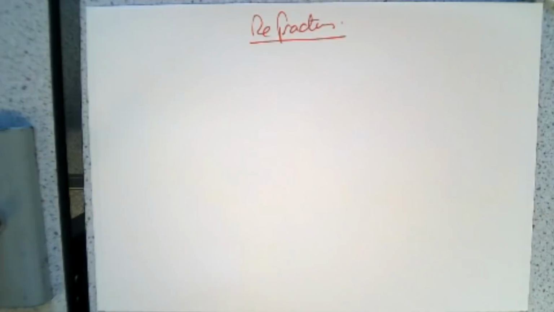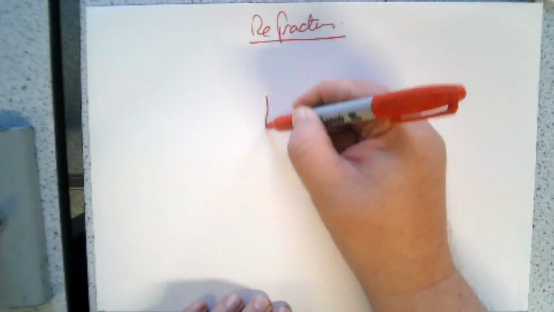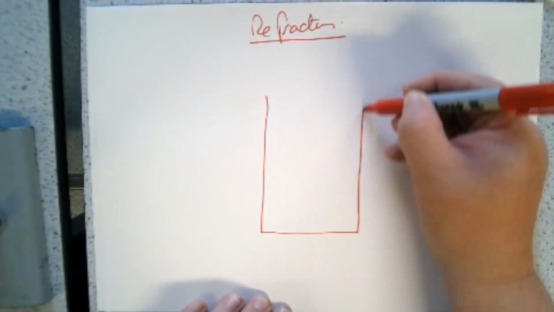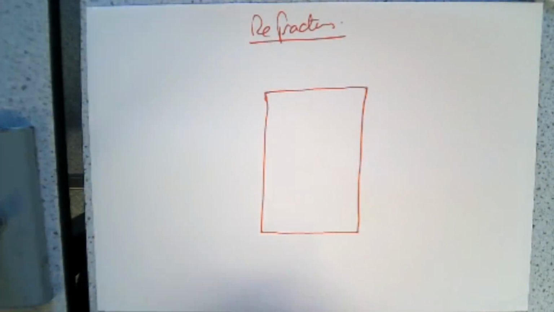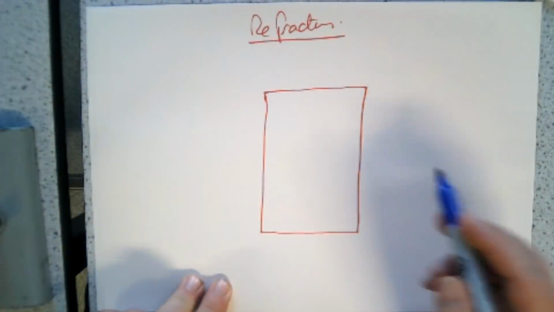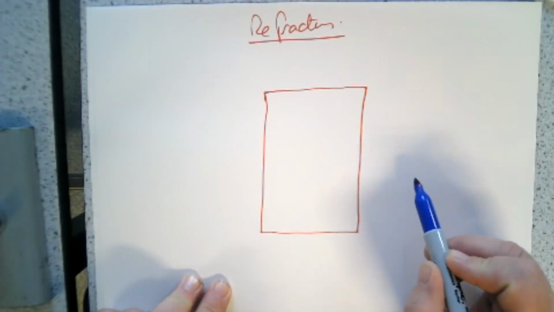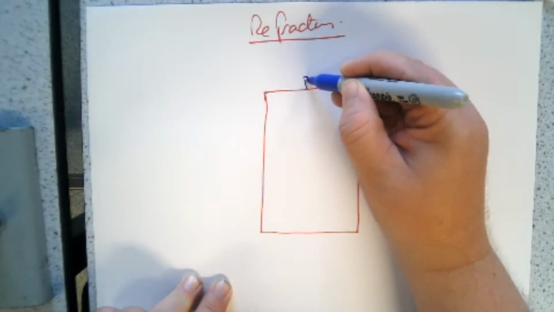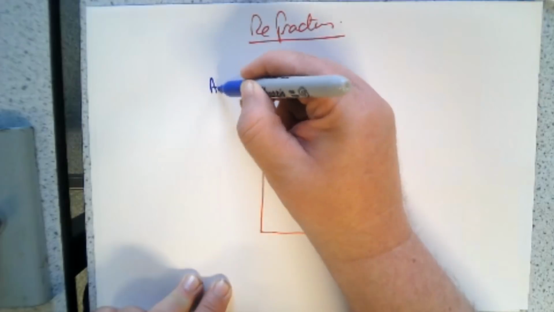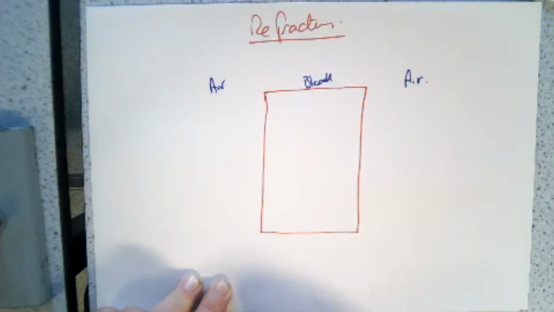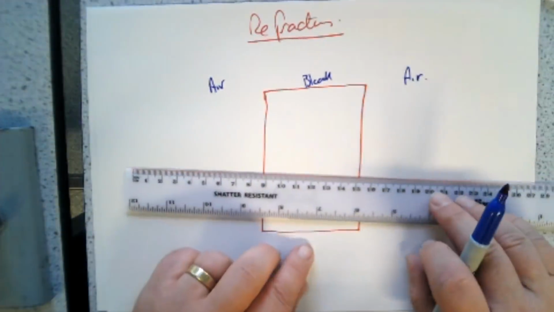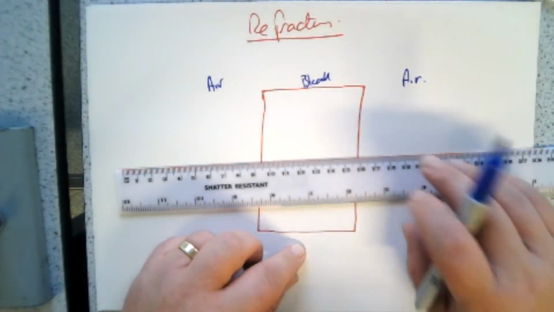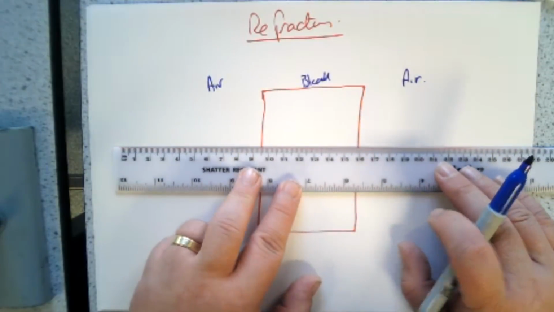So you would have done an experiment where you have taken a glass block or a perspex block, so I've drawn it here, okay, and you shine light into it. Now, if I shine light into my perspex block or glass block, I'm going to put here block, I'm going to put here air and air. If I shine it in at 90 degrees, I'm just going to use a ruler, because when we actually do these diagrams in your exam, anything to do with light, you must use a ruler.